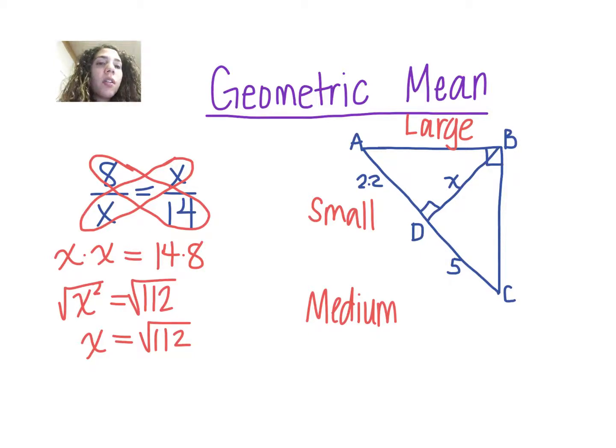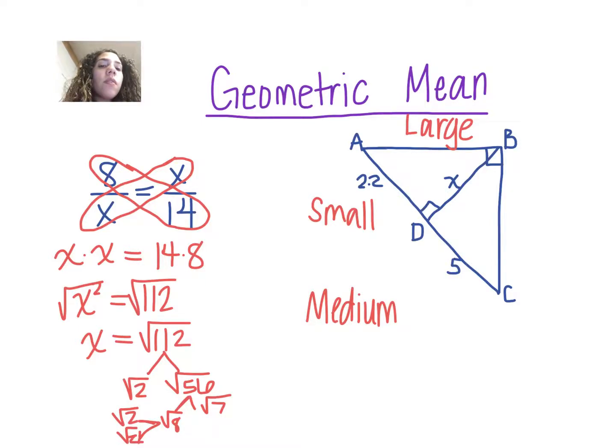Let me check that. Actually, what I would first probably see, since it's an even number, is that I'm multiplying the square root of 2 times the square root of 56, right? And then 56 could be broken down into the square root of 8 and the square root of 7. And then the square root of 8 could be the square root of 2 and the square root of 4.